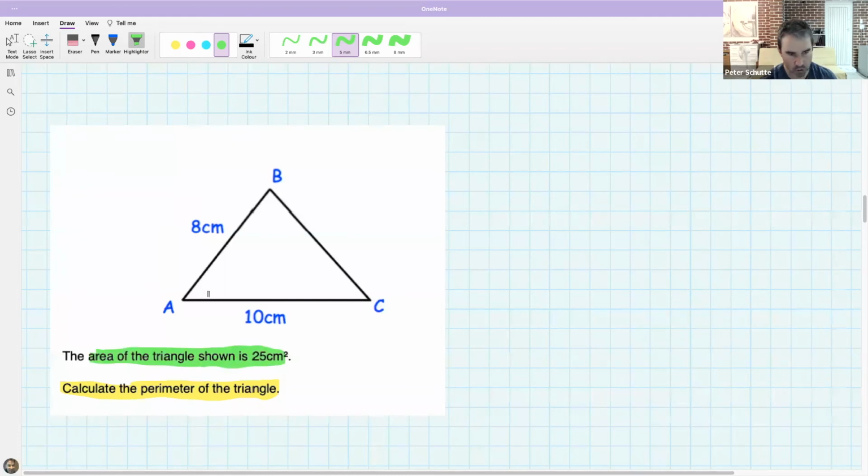How can we connect the triangle, which has 2 sides, the area and the perimeter? What do you think our game plan is? What would you do?